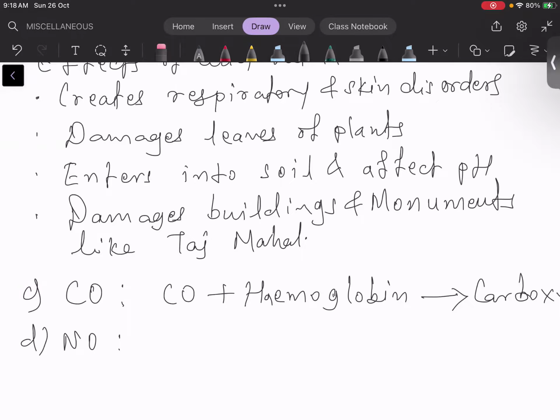Now, there are certain hazardous effects of NO. It reduces the oxygen carrying capacity of blood. Second, it may cause irritation in the eyes, lungs, skin cancer, etc.